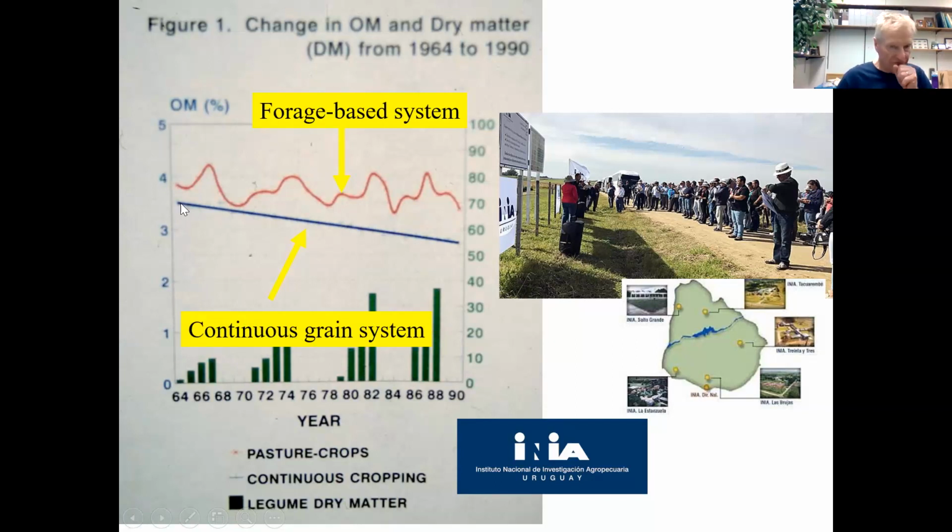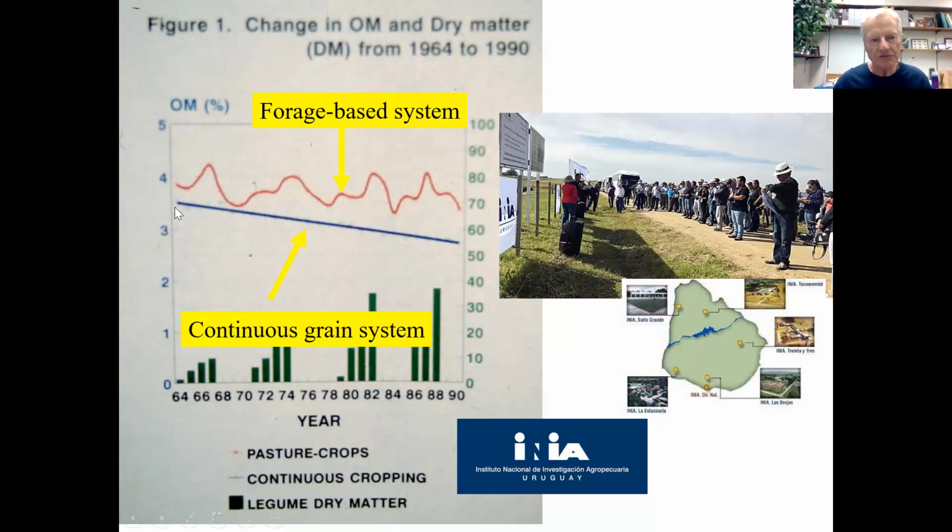And like many places in the Western Hemisphere, agriculture is quite young, and so organic matter levels are quite high, at least compared to a lot of places in, let's say, the Middle East, where people have been farming for thousands of years, or Europe, where they've been farming for 1,000 years or more.